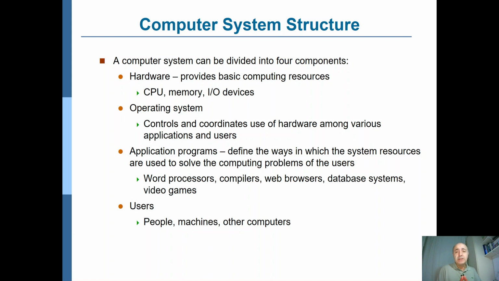Now, the operating system in this case is making use of the hardware to achieve the requests of the user, which are implemented by the application programs. So there could be multiple programs requested by the user running simultaneously. For example, you could be running say PowerPoint, but meanwhile you could be listening to music, say on Spotify.